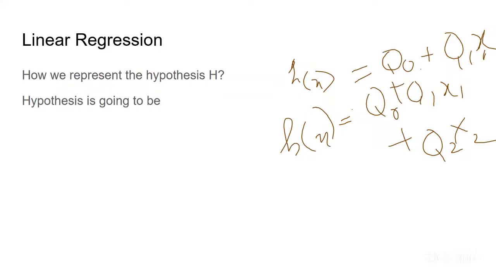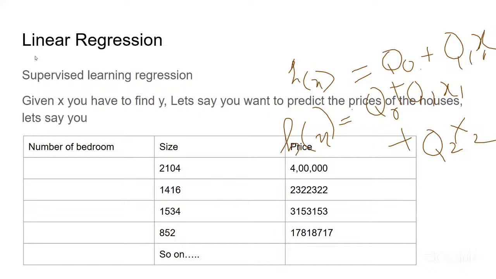So we present the hypothesis h(x) in two ways: h(x) equals θ0 plus θ1x1, and h(x) equals θ0 plus θ1x1 plus θ2x2.